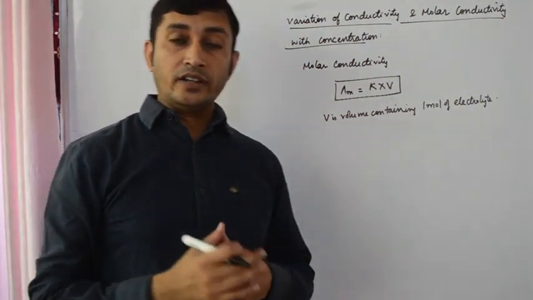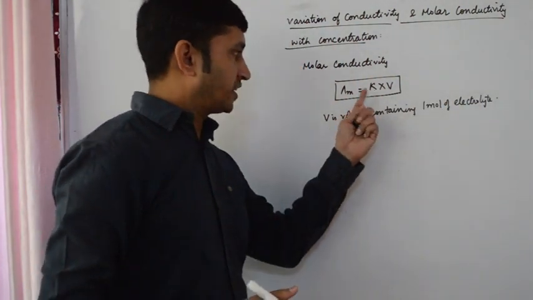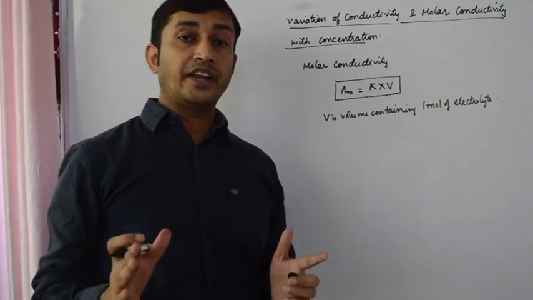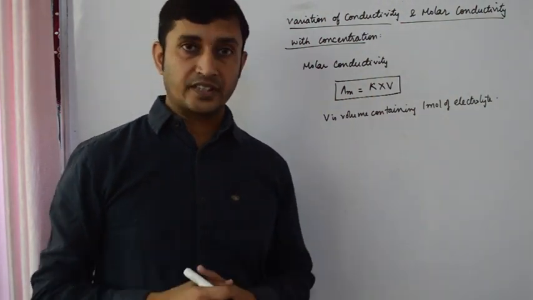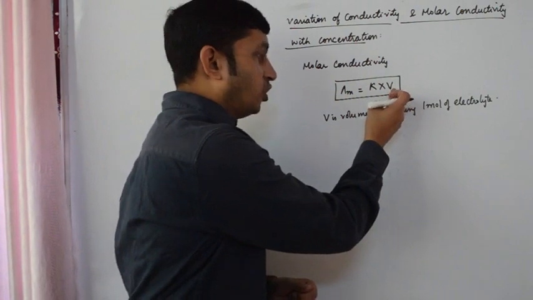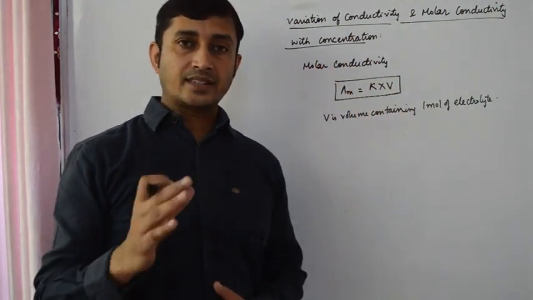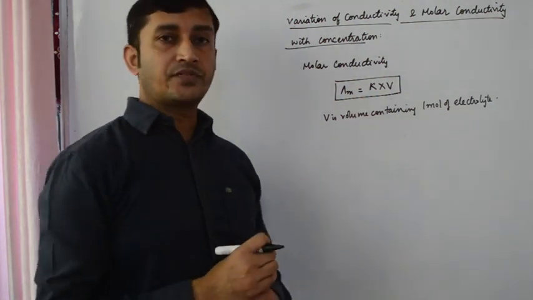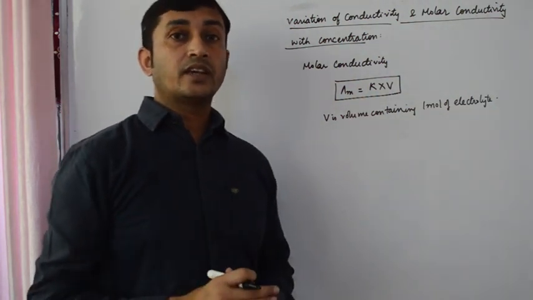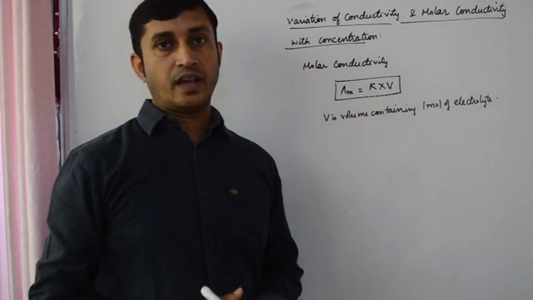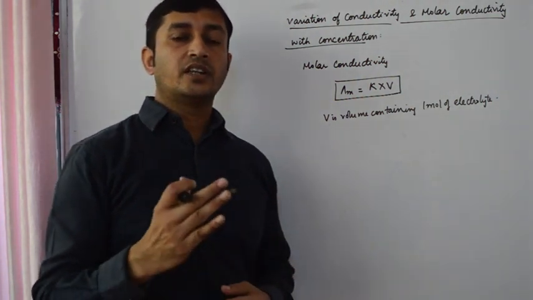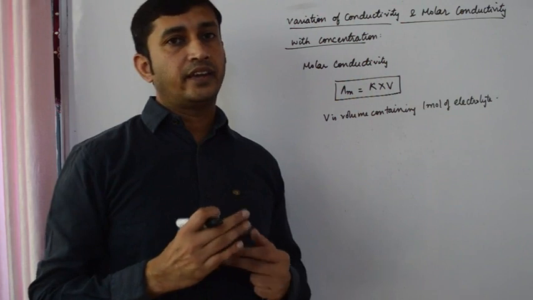Now on dilution conductivity decreases, but the volume containing 1 mole of electrolyte goes on increasing, and this increase in volume compensates for the decrease in the value of conductivity. As a result, the molar conductivity goes on increasing with dilution.